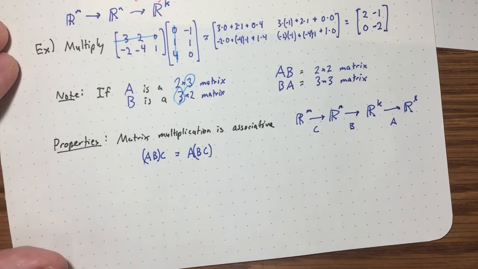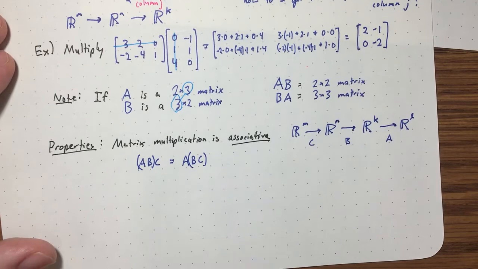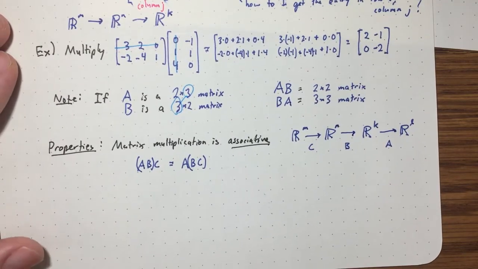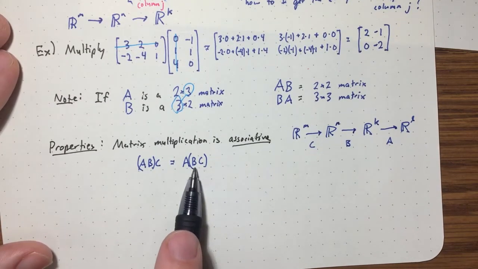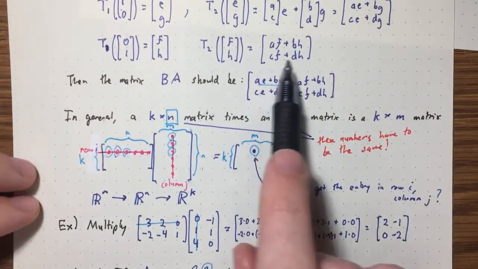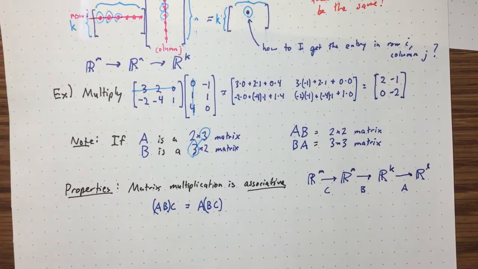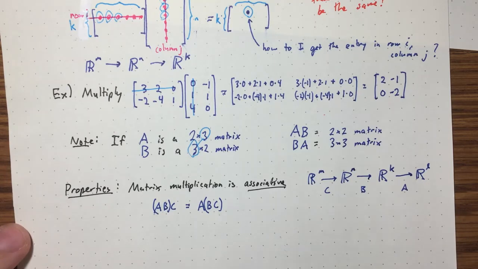There's really no content to this. Matrix multiplication is associative. It doesn't matter how you group the matrices. But by the way, this would be terrible to actually try to prove using symbols like we did up here. But thinking about it in terms of transformations, we just immediately see that it's going to be associative.